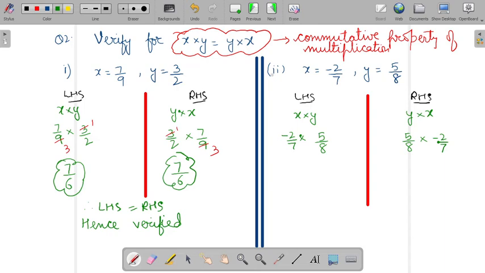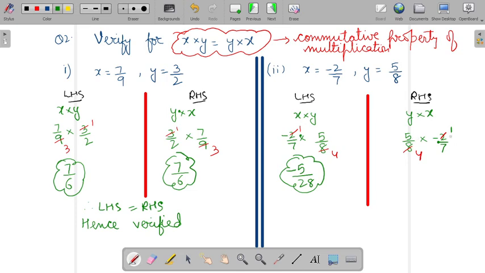Similarly in the second part, these are the values of x and y. Substitute over here. Now let's see, can we convert it in the standard form? Yes, we can. Similarly here also you can cancel it. Now let's see the result. Multiply upper with upper, so minus 5, and lower with lower, it would be 28. So minus 5 by 28. Similarly in RHS, 5 multiply, this is 1.